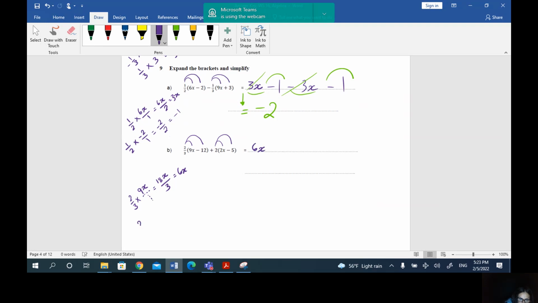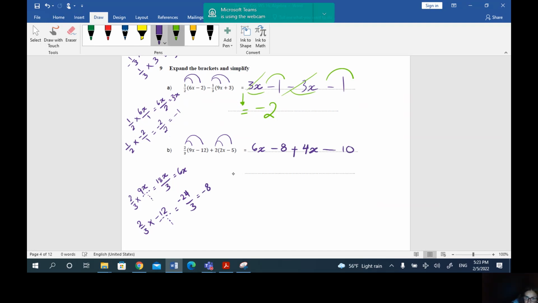2 over 3 times negative 12, and this is over 1. So 2 times negative 12 is negative 24 over 3, which will come down to negative 8. So it will be negative 8. 2 times 2x is plus 4x. 2 times negative 5 is negative 10.